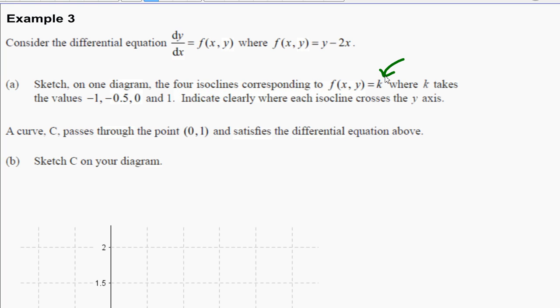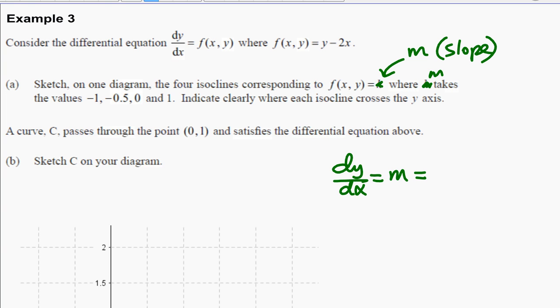When we'll be working out the isoclines, this will actually be our M. If you compare this with my previous videos, I used M in place of K, so for consistency, I'll just stick with M. M here is the slope, and what you're going to do is equate dy over dx to M. It doesn't matter if you equate to K, so long as you know what you're doing, you should be all right.